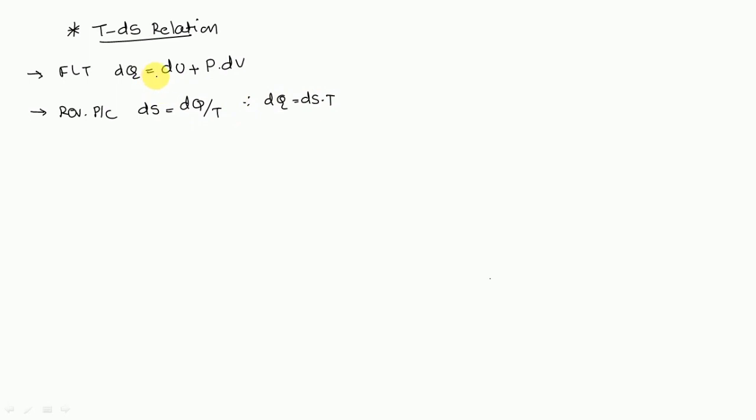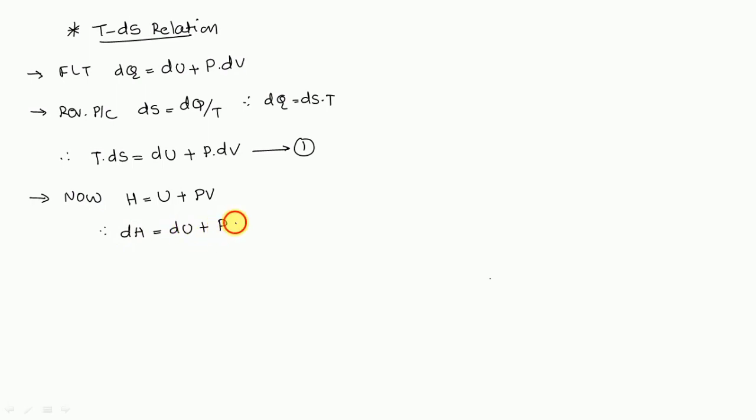Put this dQ in this equation, so we can write T dS = dU + P dV. I'll call this equation number 1. Now we have one more equation for enthalpy, H = U + PV. If we differentiate this equation, then we get dH = dU + P dV + V dP.